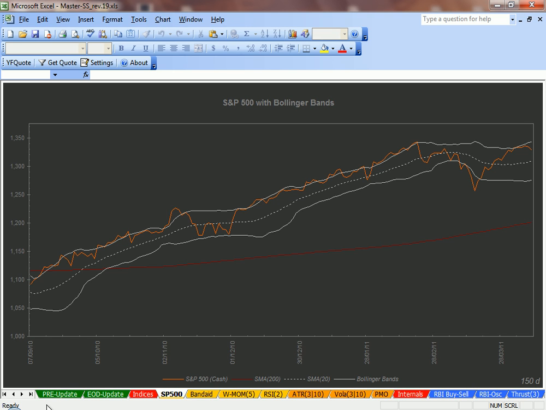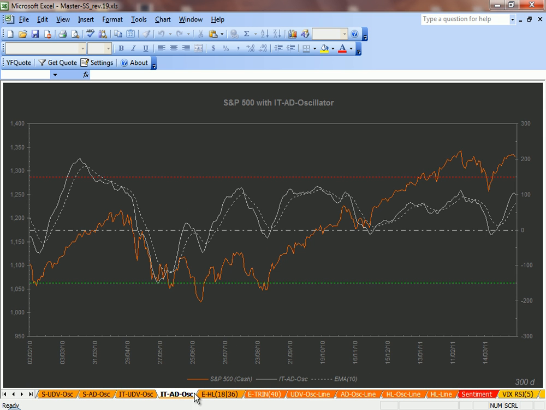What we got going on here is bigger picture. You can see here the bigger picture indicators, which had turned up, were going up for a while, had stalled out, and now have turned down.